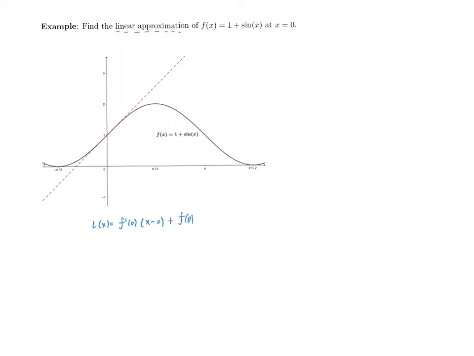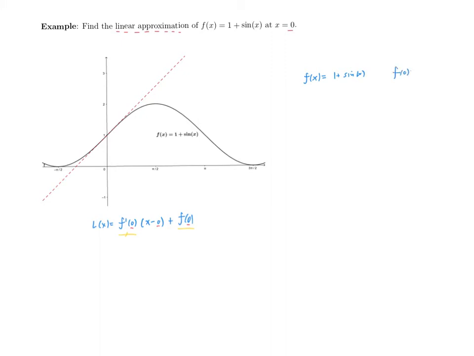The 0 comes from the fact that it is the linear approximation at x equals 0. As usual, we see that there are two function values we need, f of 0 along with f prime of 0. And doing a little bit of work to the side, f of x is 1 plus sine x.